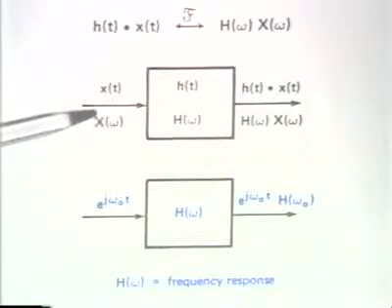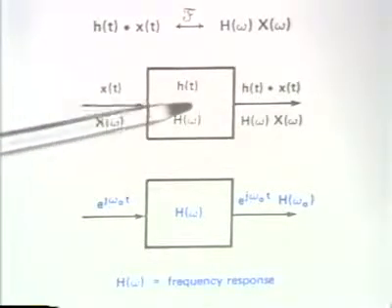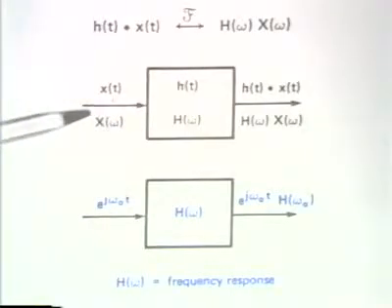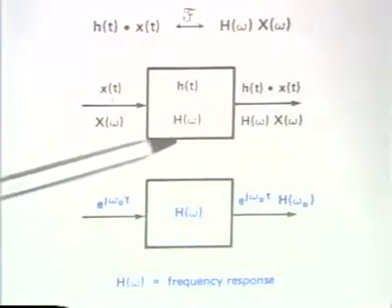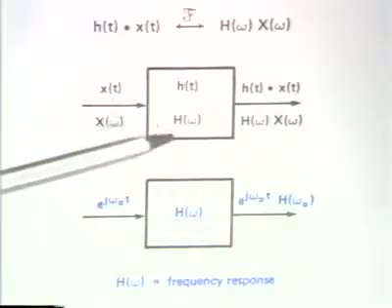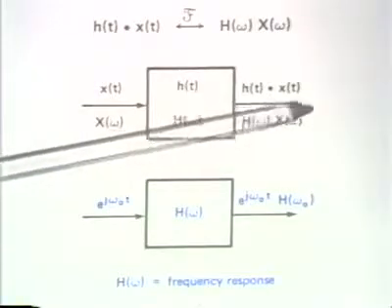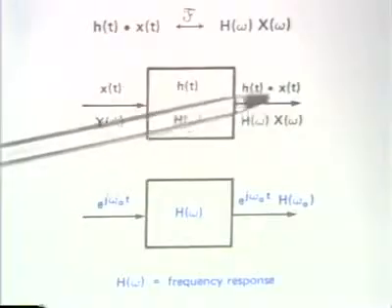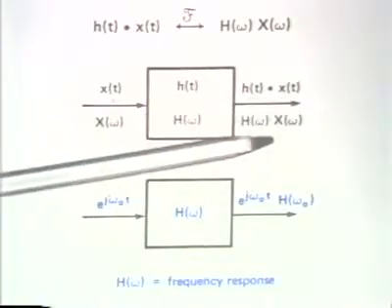Well, as this signal goes through this linear time invariant system, what happens to each of those exponentials is each one gets multiplied by the frequency response at the associated frequency. What comes out is the amplitude of the complex exponentials that are used to build the output.